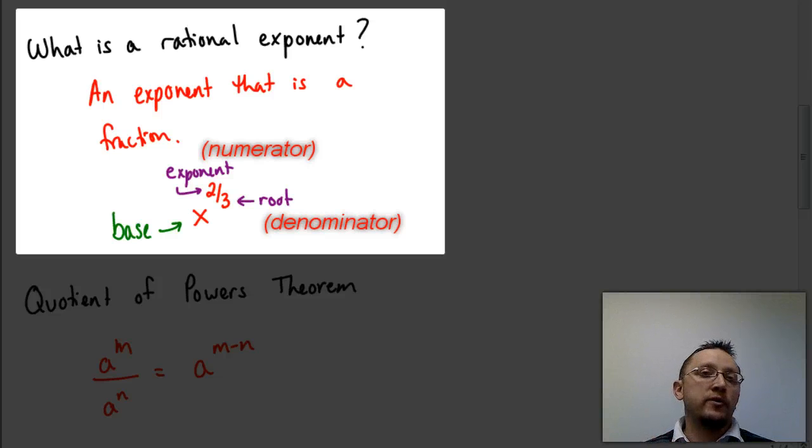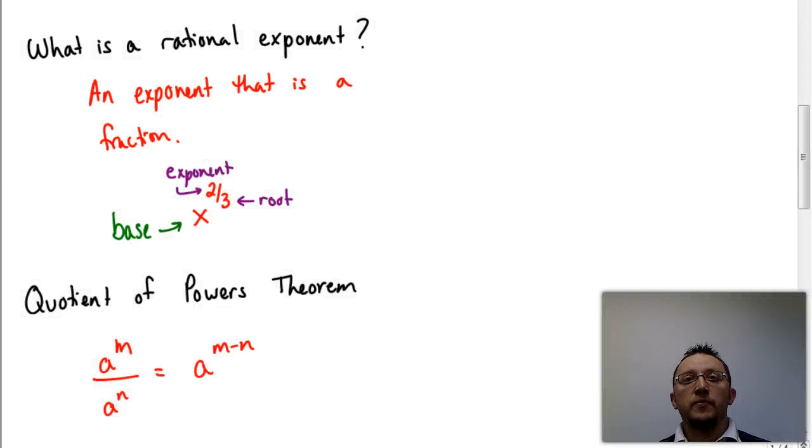When we're dealing with a rational exponent, or a fraction that's an exponent, we also have a numerator and denominator. The denominator represents the root, and the numerator represents the exponent. So like we talked about before, if we have x raised to the 2/3 power, we could refer to that as the third root of x being squared.